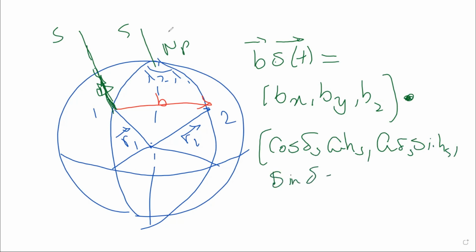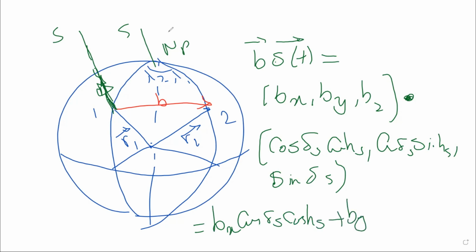sine delta S. If I multiply these two, I come to this equation: Bx cosine delta S cosine HS plus By cosine delta S sine HS plus Bz sine delta S. So that's the equation for the baseline.